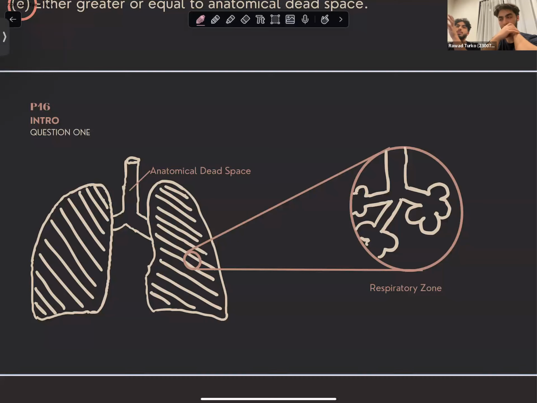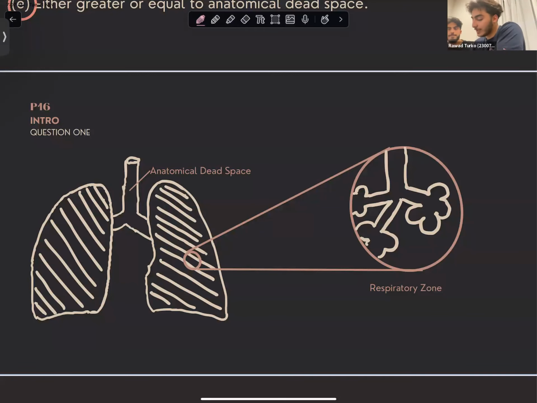You're always going to have your anatomical dead space, but in some patients with obstruction of some alveoli, the physiological dead space is increased. So it'll be the trachea and bronchi plus whatever is not getting perfused or ventilated. That's why it could be either equal or greater than the anatomical dead space.